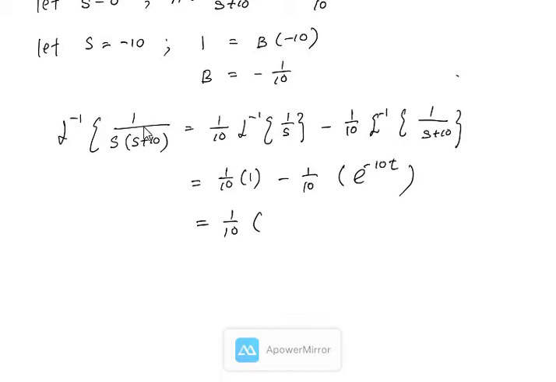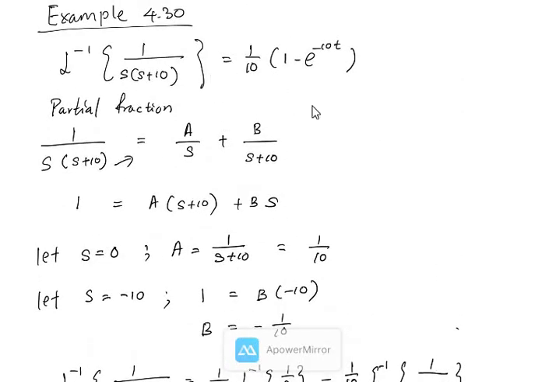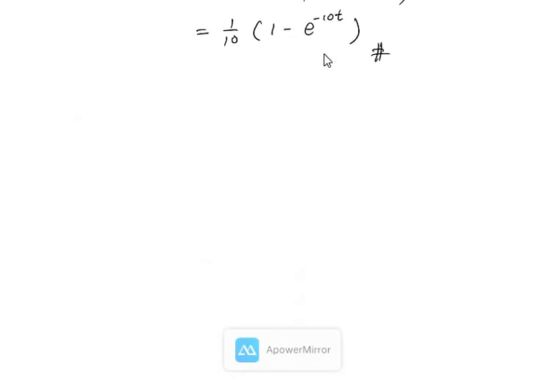We can take out the 1 over 10 and we simplify into 1 minus exponent minus 10t. Okay? So we get this answer and it is the same as the question, 1 over 10, 1 minus exponent minus 10t. So we can prove the question.